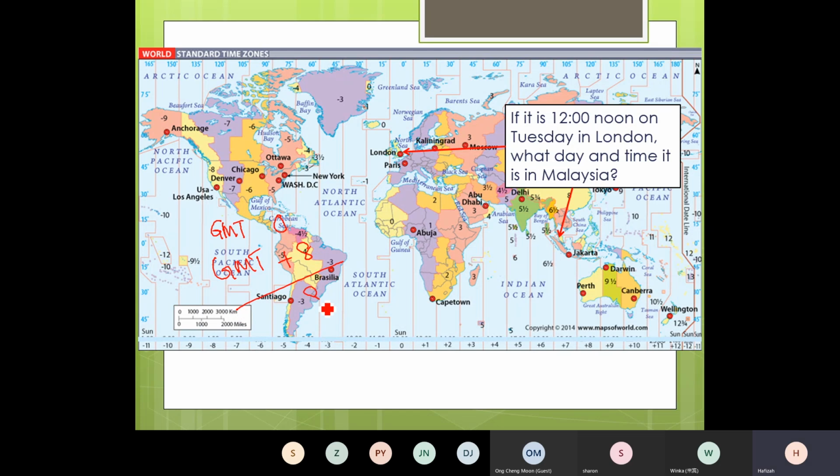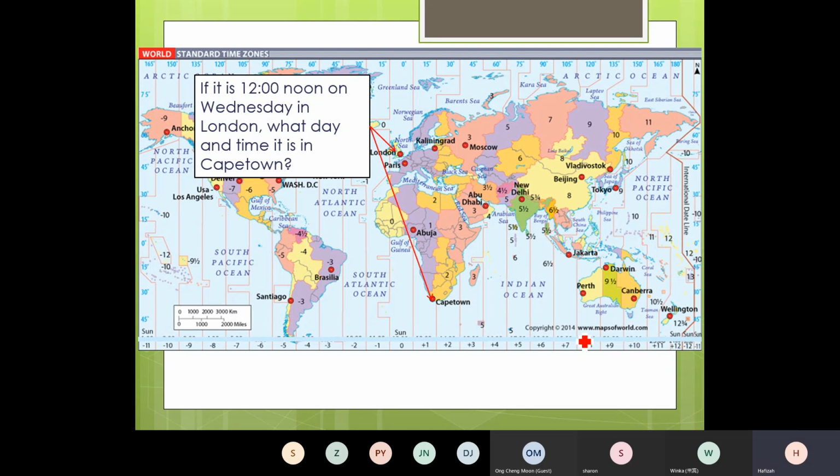So, how many hours do we differ? 8 hours, right? Malaysia is plus, and we want to know the time in Malaysia, so you need to add 8 hours. 12 plus 8 equals 20. So, it's 8 p.m. Correct or not? Okay, so it's the same day.